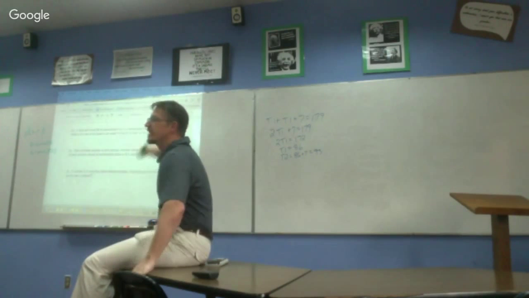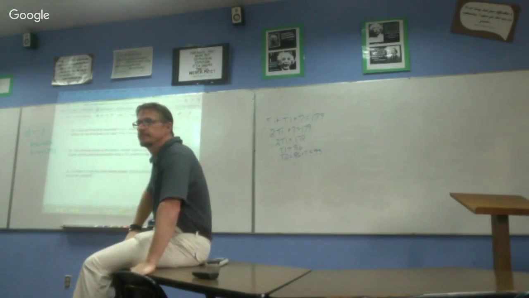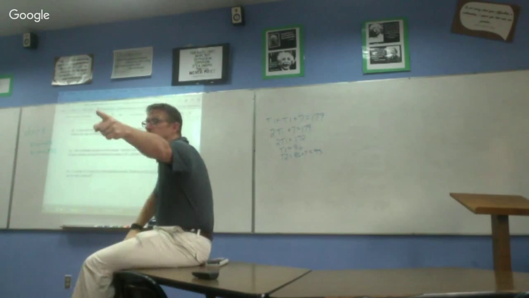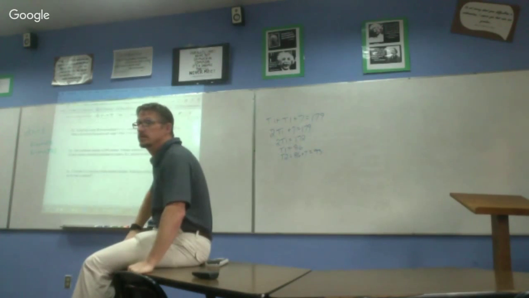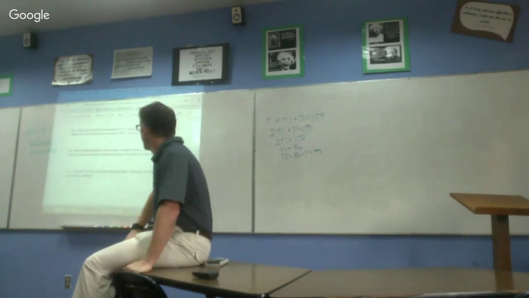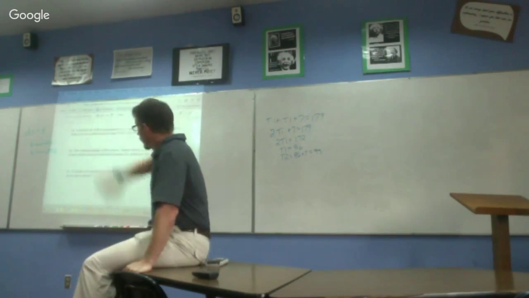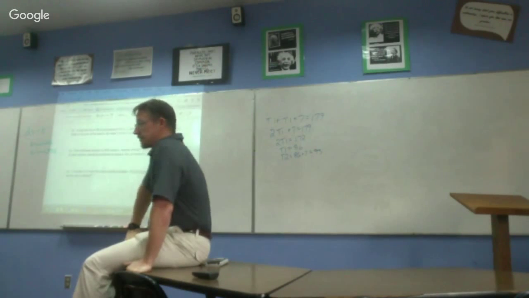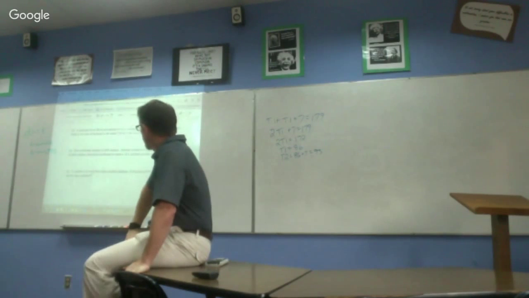What is unsaid? The distance. What about the distance of the upstream? It doesn't say, so what is it understood to be? It's the same, it's 36 miles. So we know that the distance downstream is the same as the distance upstream, it's 36 miles.